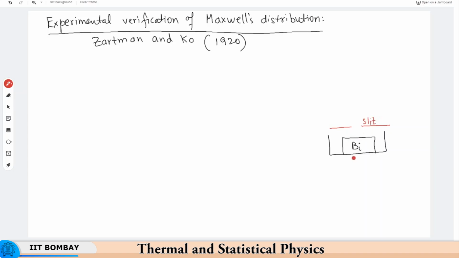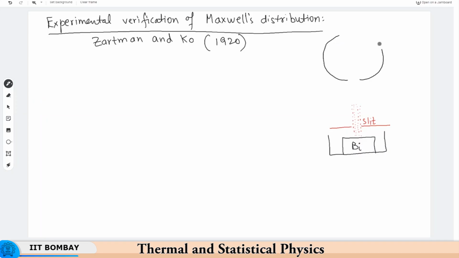Okay. And since this bismuth is heated a little bit and it is sublimating, so these bismuth molecules, they are in gaseous form and they are sublimating out of this bismuth metal, and what they do is they use a cylinder. All right. So, I am just drawing a side view of this cylinder with something like this.